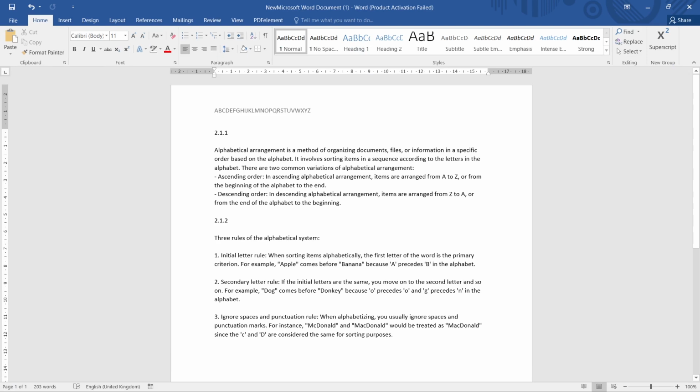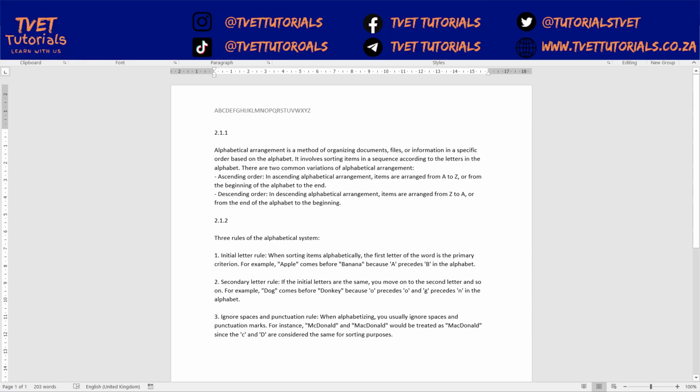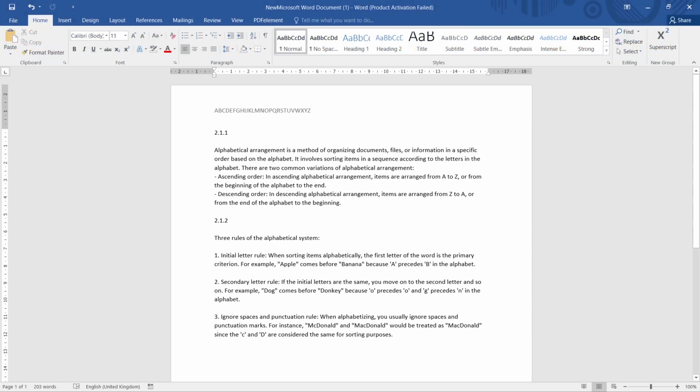I already wrote down the information here. I'll just read it out and explain it to you guys. Right, so the first question says explain the alphabetical arrangement. Before we get into it, I just want to explain something to you guys. I want us to try to avoid reciting the textbook.